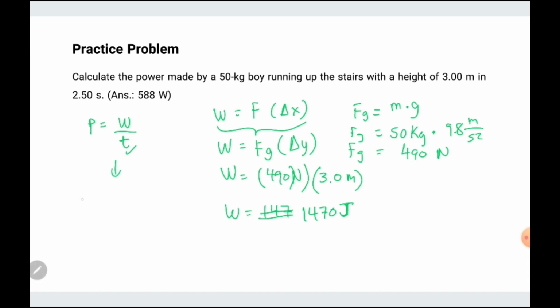Now I can finally compute for the power. 1,470 joules, since the boy climbed the stairs in 2.5 seconds. So 1,470 divided by 2.5, 588. 588 joules per second is watts.